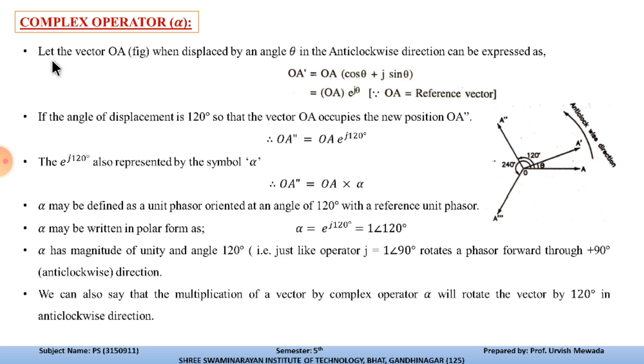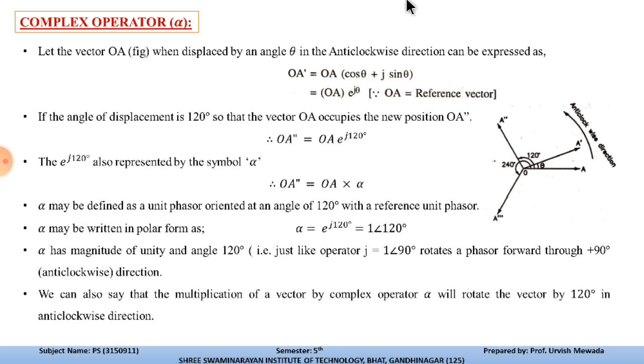Let vector OA be as shown in this figure, and when it is displaced by angle theta in the anti-clockwise direction, it can be expressed that OA dash is equal to OA into cos theta plus j sin theta.